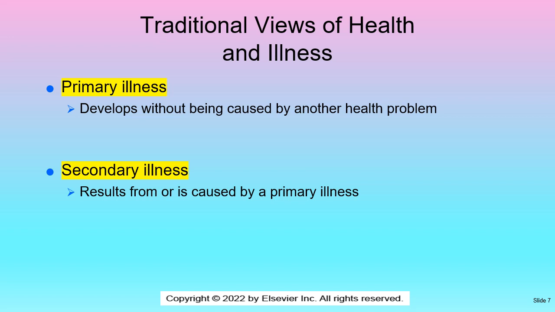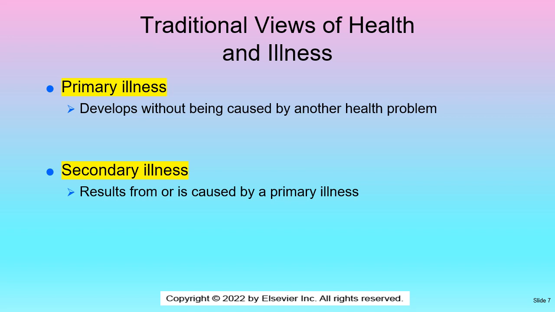Now we're going to look a little bit more at the traditional views of health and illness. Traditional views meaning what we're used to. Primary illness is usually what develops without being caused by another health problem. An example of this would be maybe diabetes. A person may have been diabetic since a very young age, or diabetes type 1.